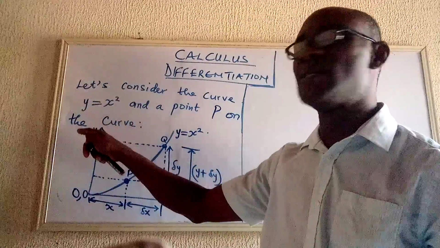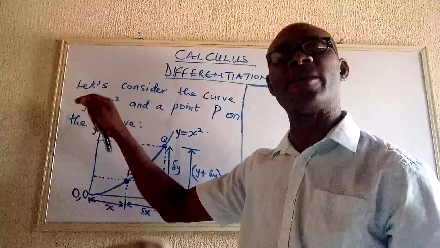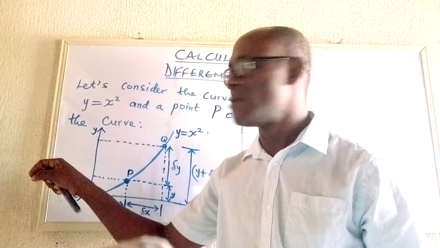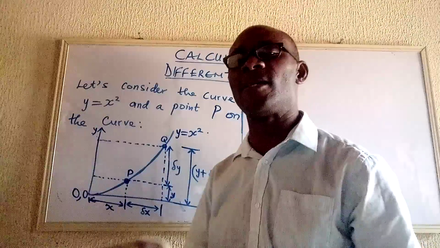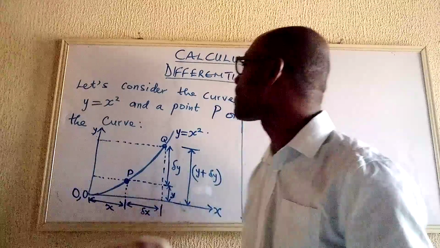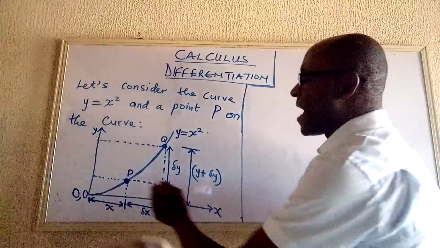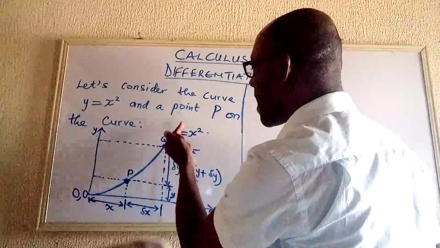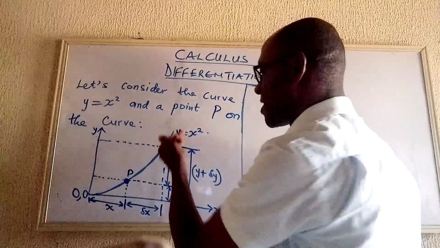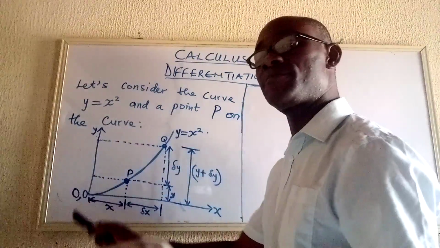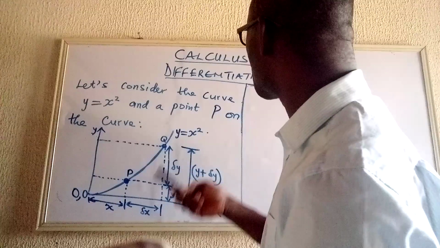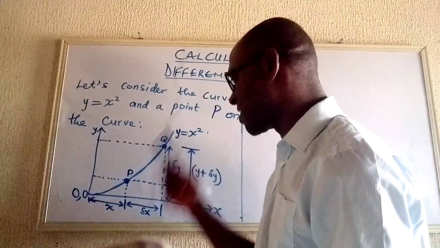Y will be interpreted as dependent variable, while x is the independent variable. Having sketched the curve of y equals x squared, look at the curve. Then let's consider a point P on the curve.